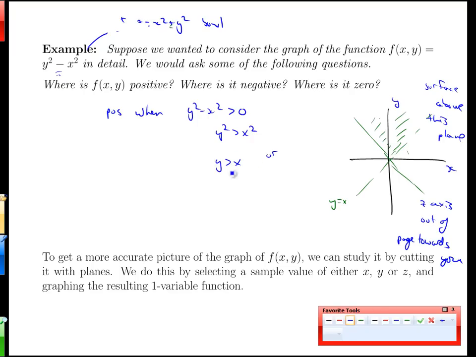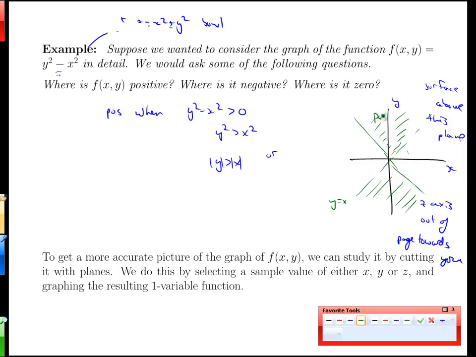I was trying to sneak up on it, but apparently I do not have that ability today. That's really what we're saying, because when we square root both sides and take both positive or negative, what matters is the magnitude. y squared in magnitude is going to be bigger than x squared if y is bigger in absolute value when x is smaller in absolute value. And that turns into these two regions here.